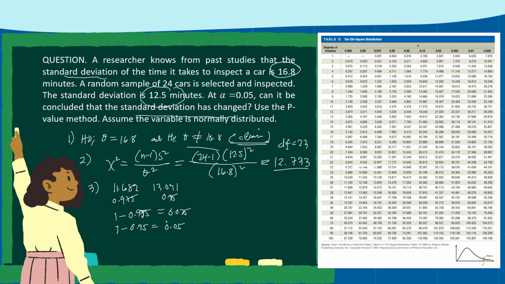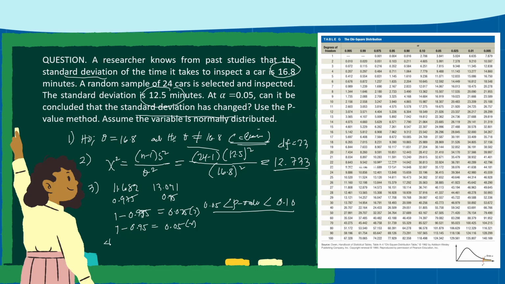So we have 0.025 times 2, which is 0.05, and the other one is 0.10. That is, the p-value is between 0.05 and 0.10.